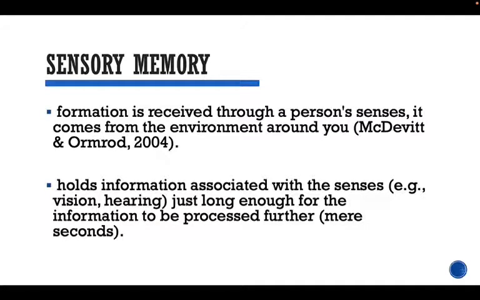Unlike other cognitive processes, it seems that sensory memory does not change from infancy. It also holds information associated with the senses, for example vision and hearing, just long enough for the information to be processed for mere seconds.